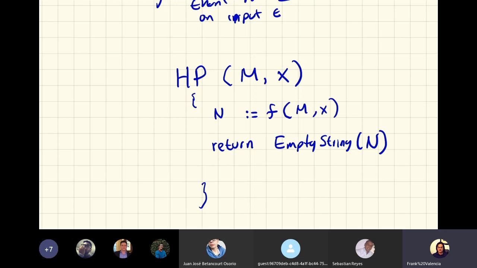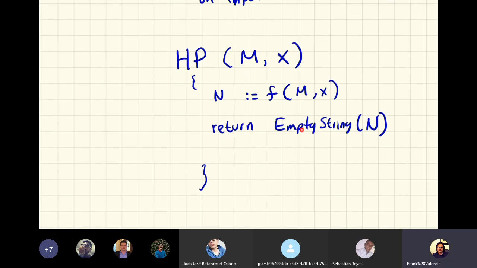It's a function that takes m and x, this input, and transforms that m and x into an n, or probably into an n and a y. But it makes this transformation, and I could show you that this can be computed. And then you run this in such a way that the empty string on n returns true if and only if m halts on x.